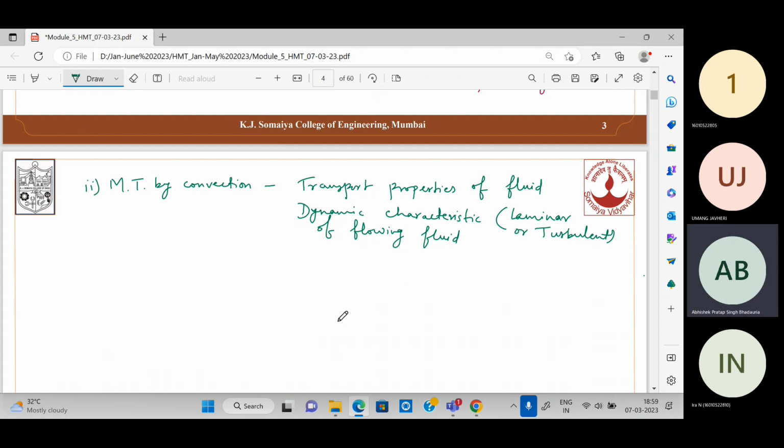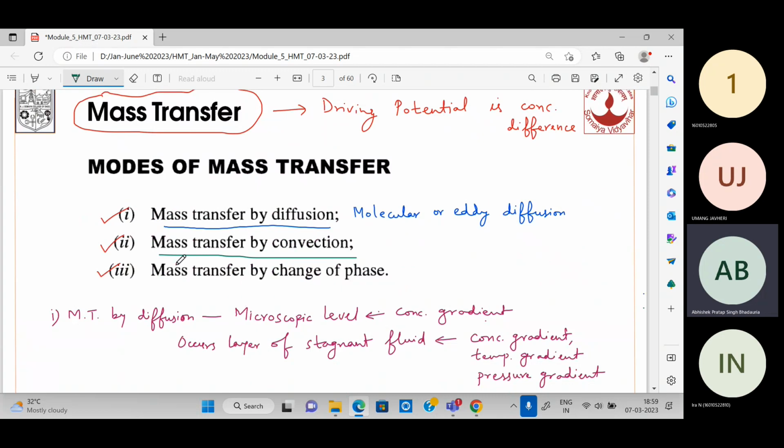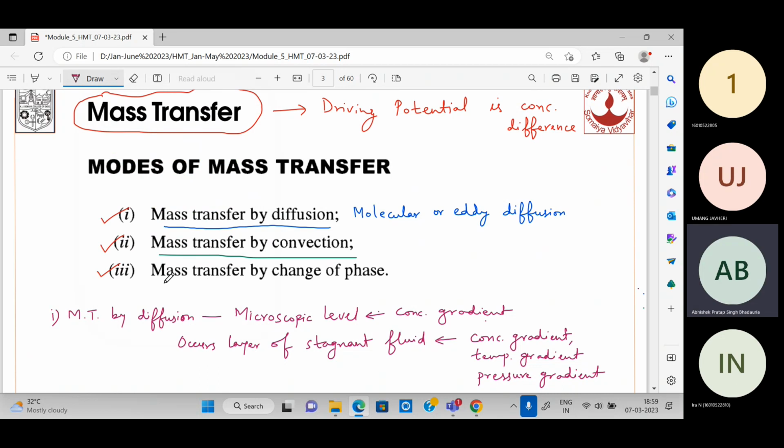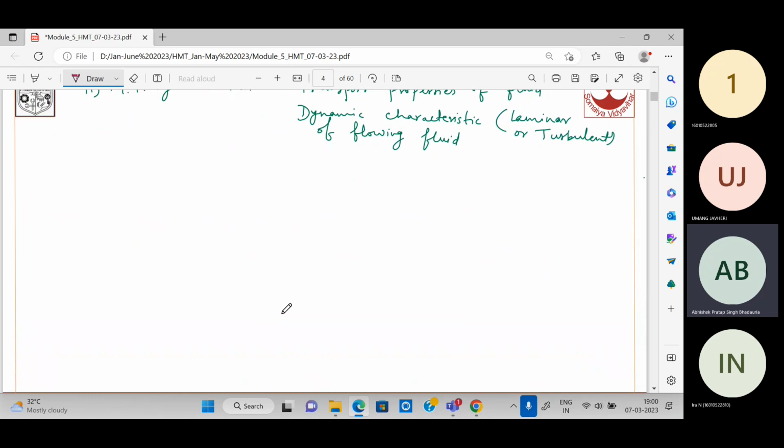Now the third one, that is mass transfer by change of phase. This mass transfer occurs whenever a change from one phase to another phase takes place. The mass transfer in such a case occurs due to the simultaneous action of convection and diffusion.